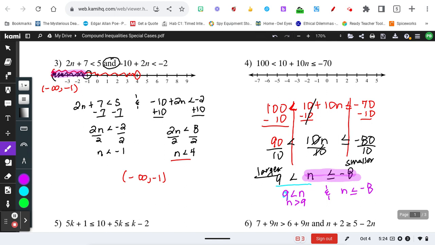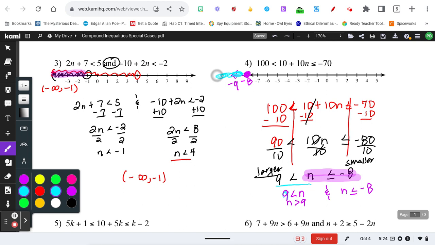So I'm looking for all the numbers, and then again, -8's not on here. Looking for all the numbers less than or equal to -8. So that would be those. And all the numbers greater than 9.